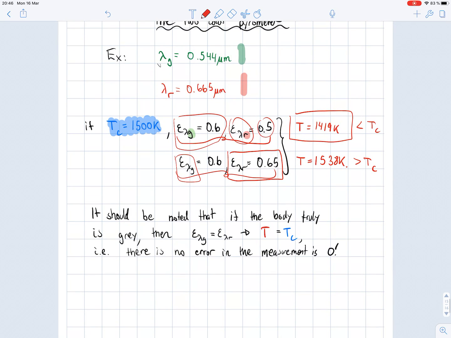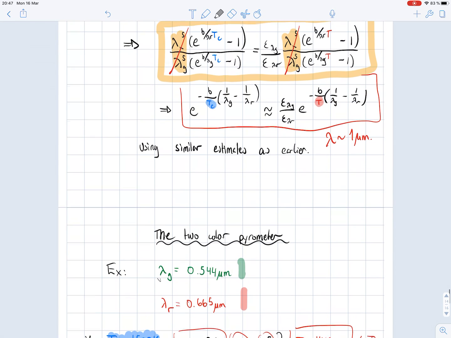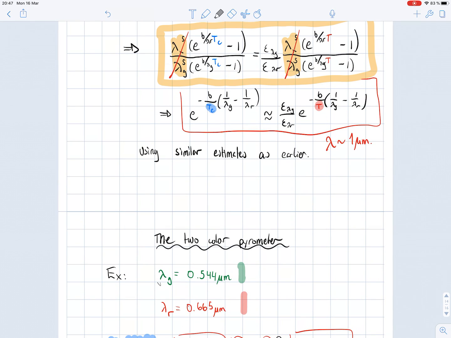Then we have a very neat feature related to what we have been discussing, which is that of a gray body. Because a gray body, as I said, a body which is truly gray, will have the same emissivity. So they will have the same value, it doesn't matter what value they are, but it will be the same for all wavelengths. If that's the case, if we look back at the expression, this one becomes 1.